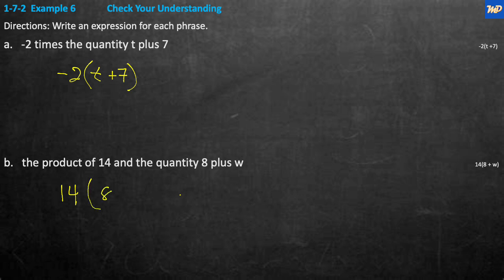Times 8 plus w. The product of A and B, this term times that term. So in our case, the product of 14 and the quantity 8 plus w is 14 times the quantity 8 plus w. Okie doke.